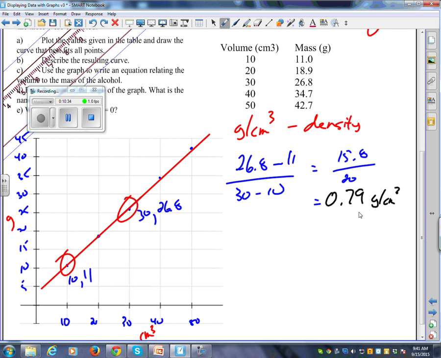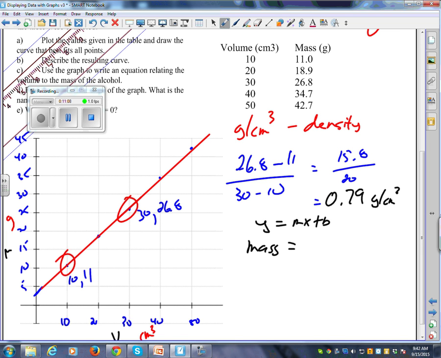Write an equation relating the volume to the mass of the alcohol. This is volume. This is mass, right? So the mass is equal to, what's the slope? Remember, like y equals mx plus b, right? What's the b value? We don't know. About 3? Okay. How'd you get 3.1, Mark? You just guessing?